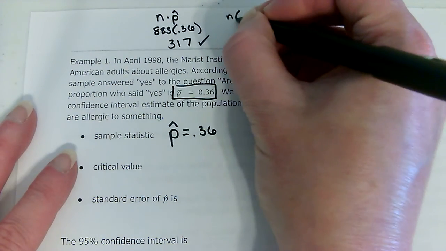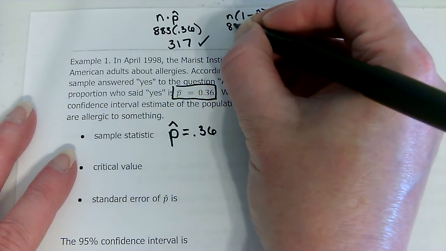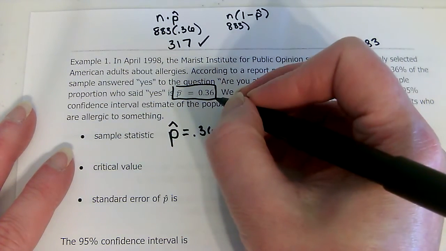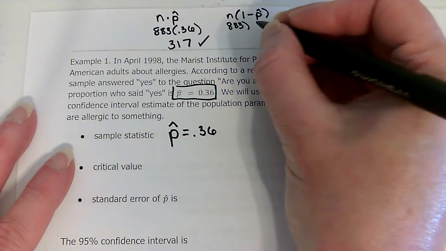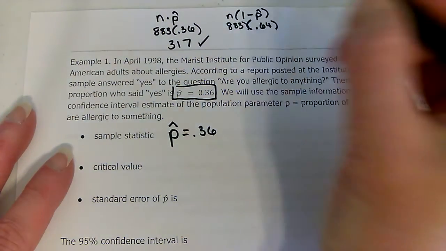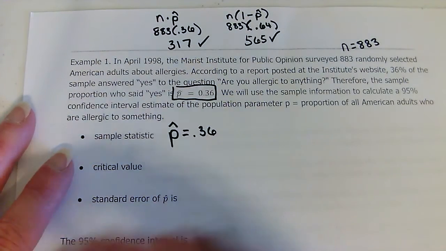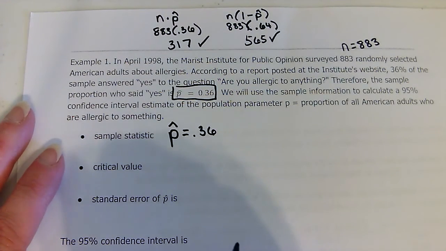We also need to do n times 1 minus p-hat. So that would be 883 times the opposite of 36%, that'd be 0.64. And that ends up being 565. Again, we're good. Sample size is definitely big enough.